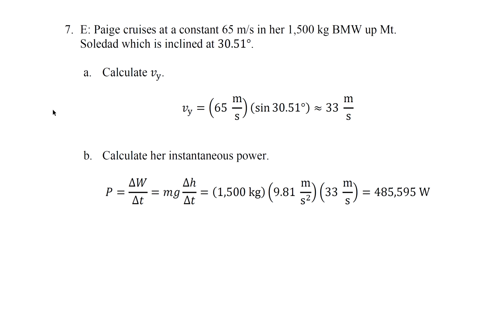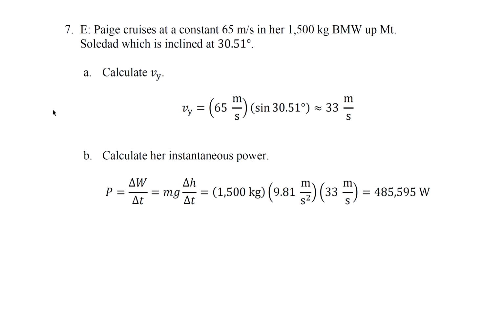Question 7. Paige cruises at a constant 65 meters per second in her 1500 kilogram BMW up Mount Soledad, which is inclined at 30.51 degrees. Part A, calculate V sub y. So you could draw a triangle and you know that the hypotenuse is 65. And V sub y is 65 sine of 30.51 degrees.